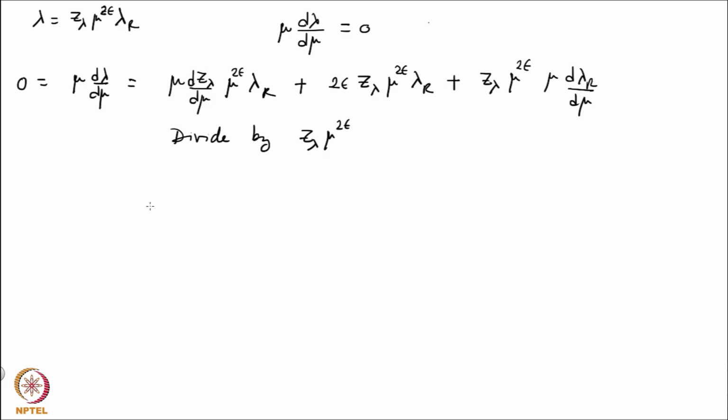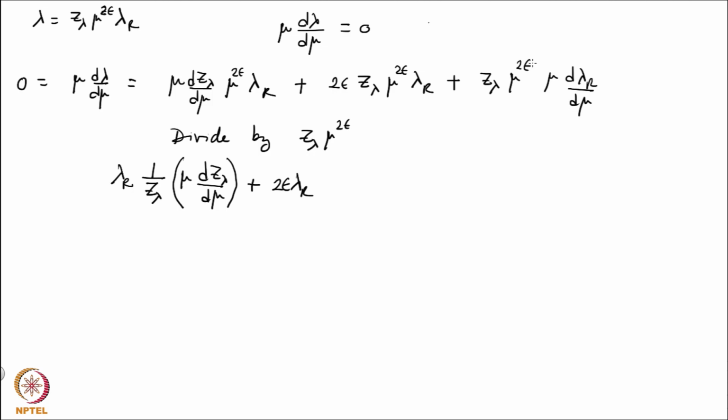Here in this one I am writing lambda r first, then z of lambda will come in the denominator, 1 over z lambda mu dz lambda over d mu, plus 2 epsilon lambda r, since z lambda and mu to the 2 epsilon go away.